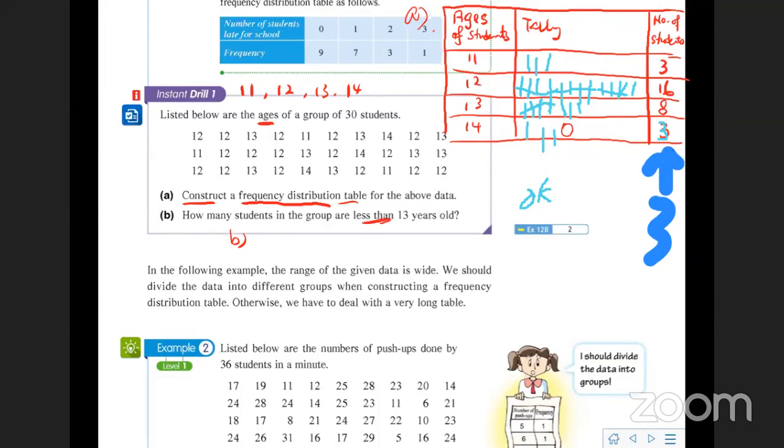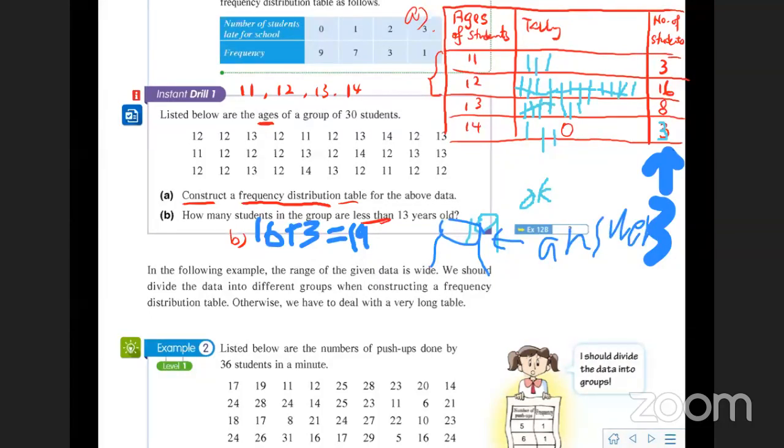You can look very clearly that these two groups are less than 13 years old, right? Then you can just quickly write down 16 plus 3, which is 19. Then you can answer part B in this way. Yes, 19. Yes, very good.